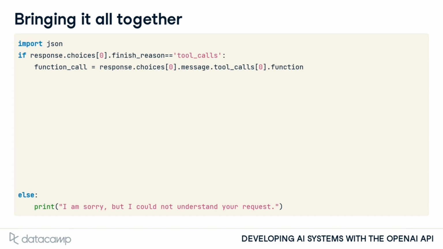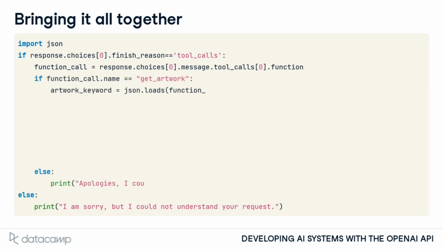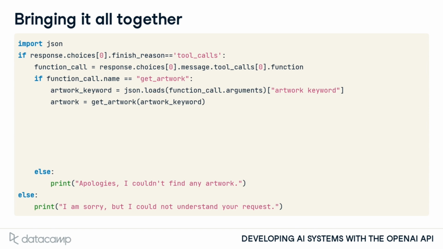If so, we extract the function called using function in message tool calls. If not, we print a message to the user stating that the request could not be understood. The next step is to extract which function was called, using name from function call. If the function called is getArtwork, we extract the keyword from the function call arguments.